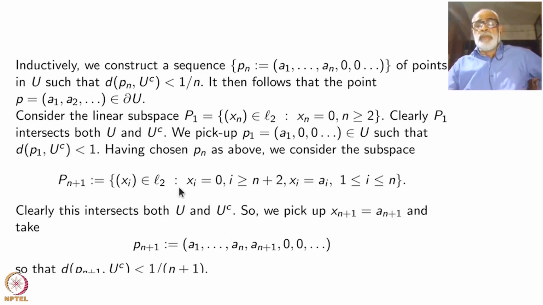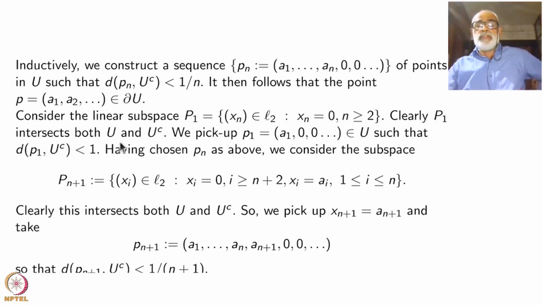Let me read that one. Consider the linear space P1, the set of all xn belonging to L2 such that all the coordinates beyond the first one are 0. That is the x1 axis, you can say.